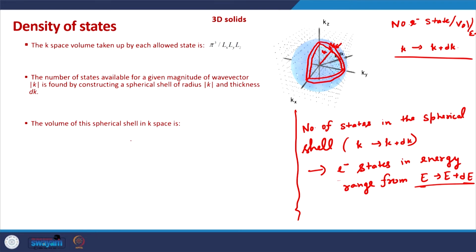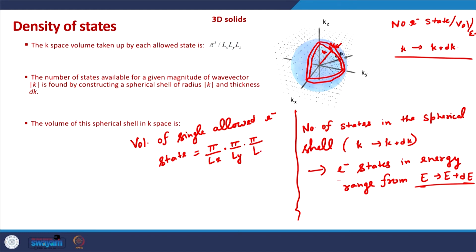The volume of a single allowed electronic state will be a small cube in the reciprocal space, in the k space, and the volume of a single state will be pi by Lx times pi by Ly times pi by Lz.